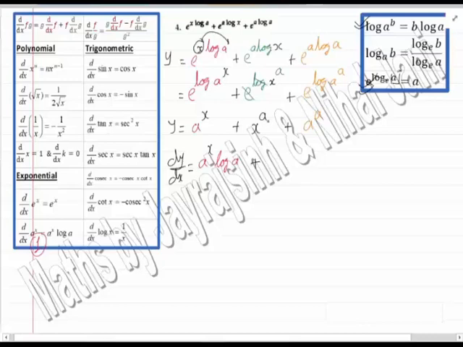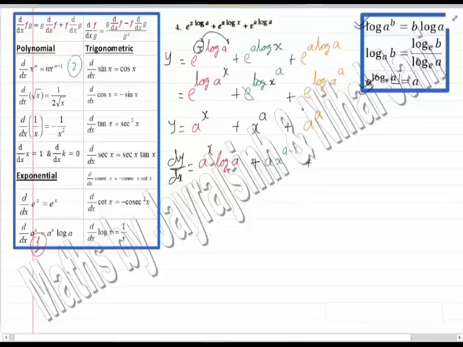Now the second term, which is x raised to a, is a variable raised to a constant, so we should use x raised to n, so it will be a x raised to a minus 1, right?